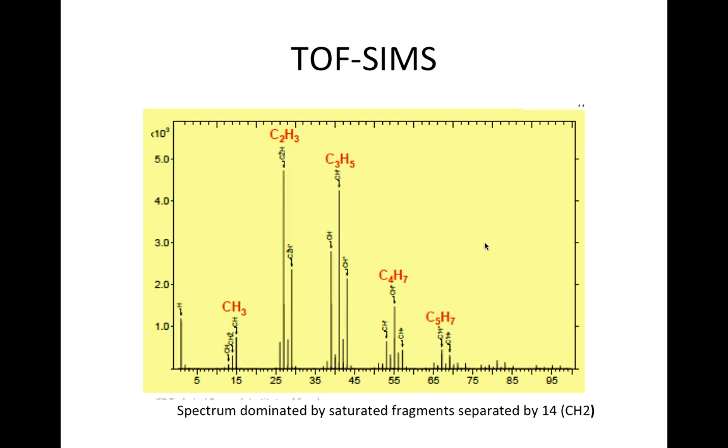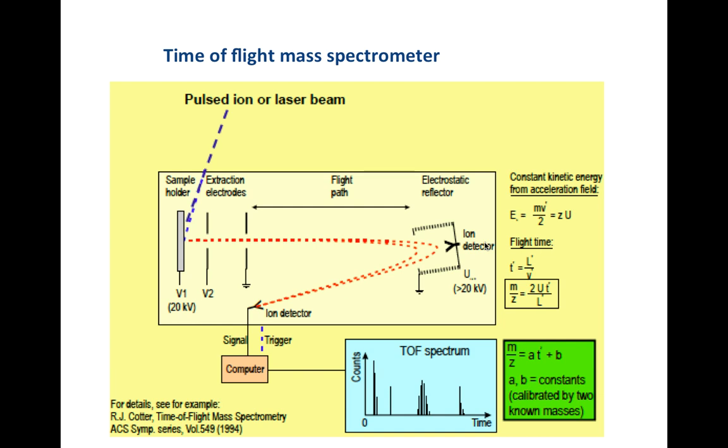If we see the time of flight secondary ion mass spectroscopy, you can see here a much nicer spectrum. And as it says, the spectrum is dominated by saturated fragments separated by 14. So how does this work?